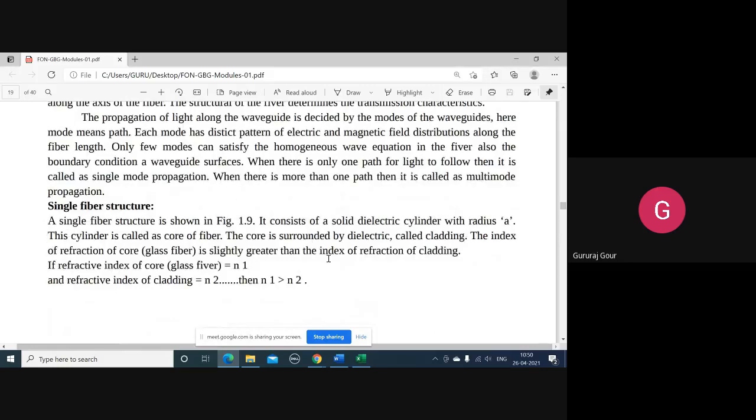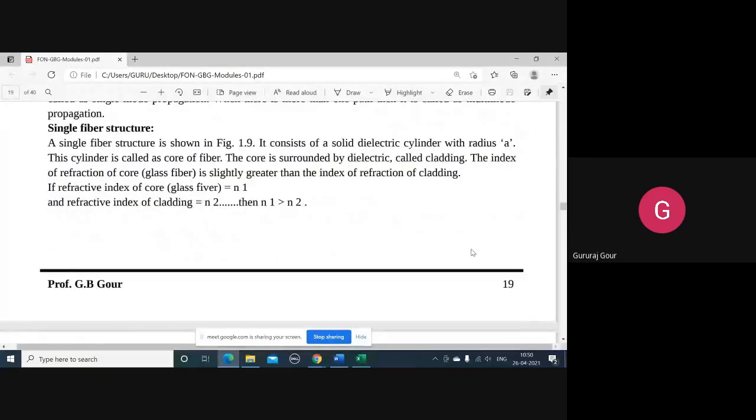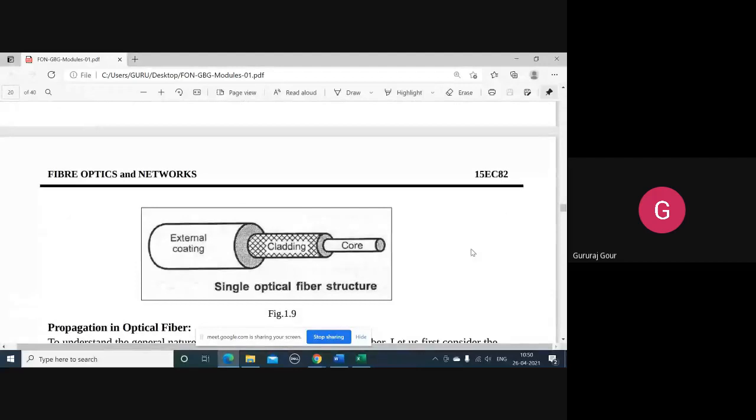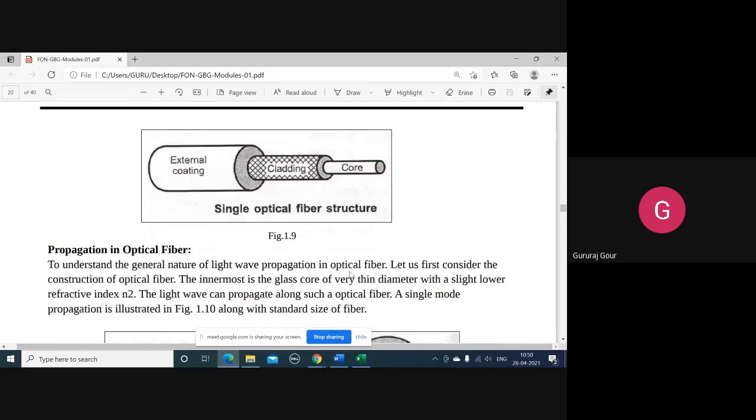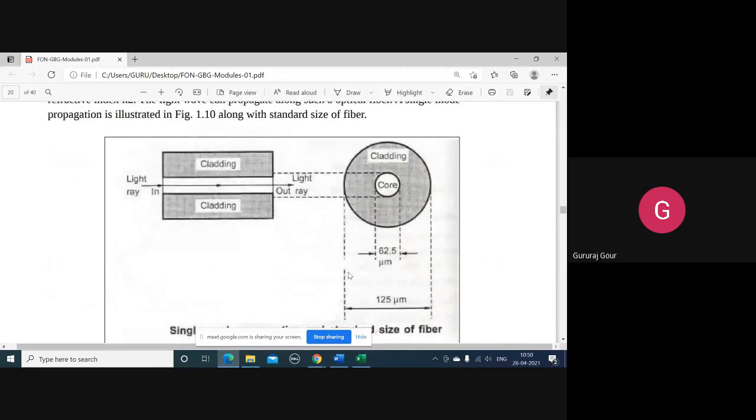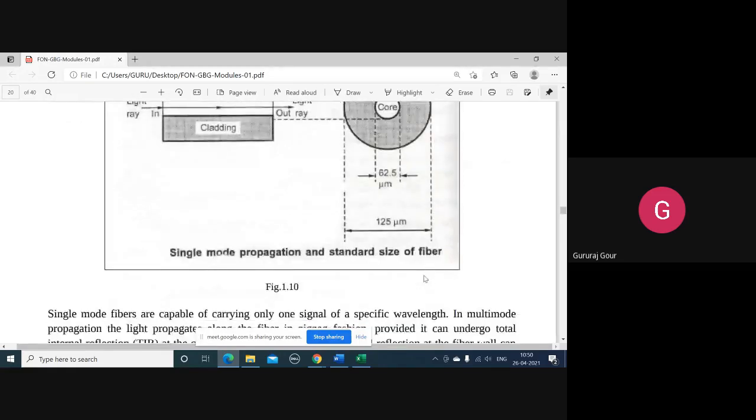The structure of the single mode fiber is like this. Innermost is a core having refractive index N1 greater than N2, the index of the cladding, the outer covering. Above that you will get the external coating. The actual construction has been shown here with some typical dimensions.